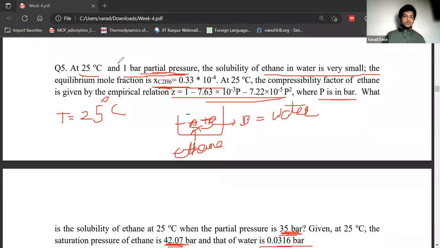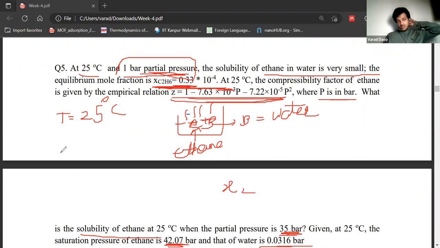Initially this system has 1 bar of partial pressure, where the mole fraction is this, and the vapor accompanying this solution has a vapor of ethane with this expression. What we are asked to find is the solubility of ethane. That means we are trying to find x only, not x2. But now, although the temperature is the same, the pressure changes to 35 bar.